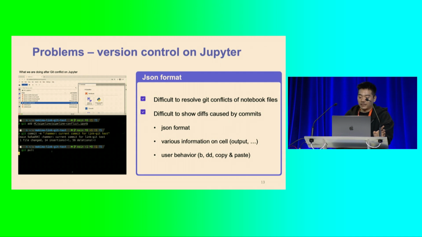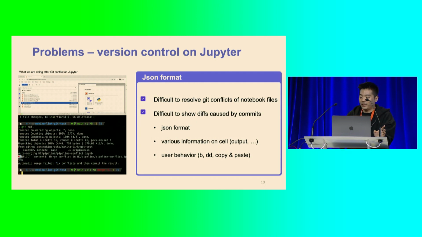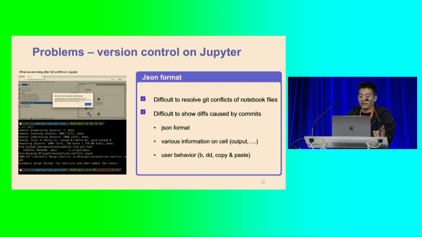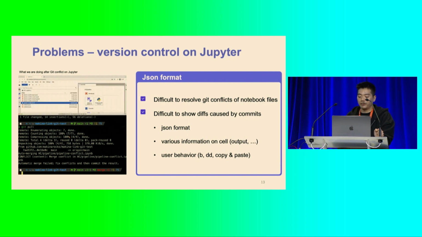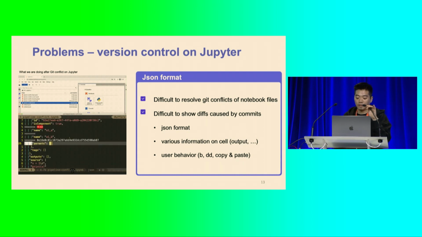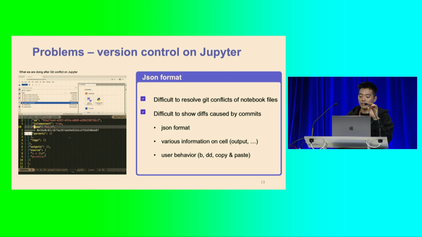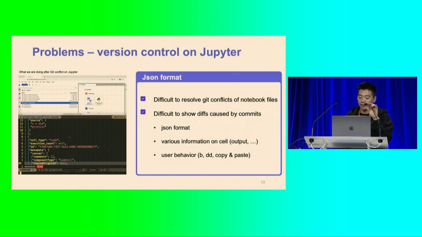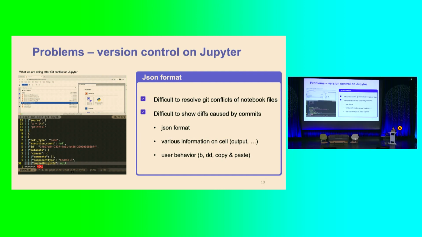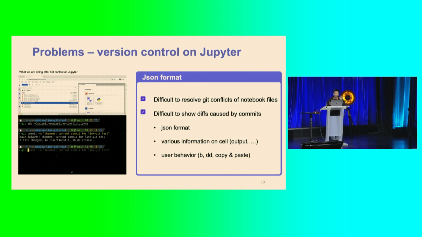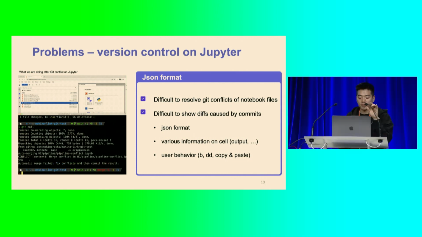And this is a problem similar to how it's difficult to represent Git conflicts, as it is often difficult to express changes or differences in notebooks. One of the reasons for these issues is that the file is in JSON format, and moreover, the JSON format contains various information in a single cell, such as output or execution number or metadata.